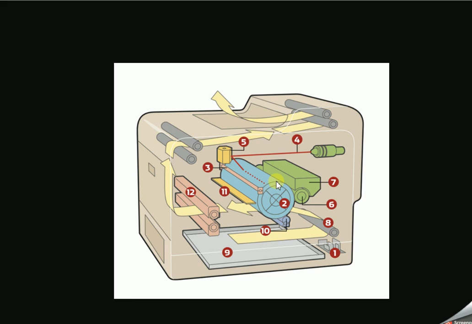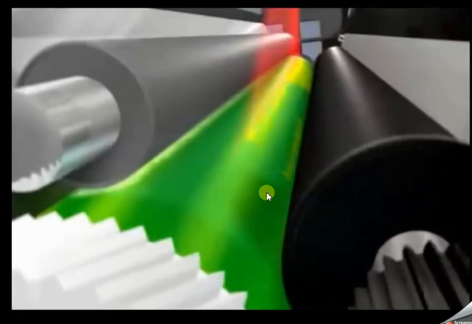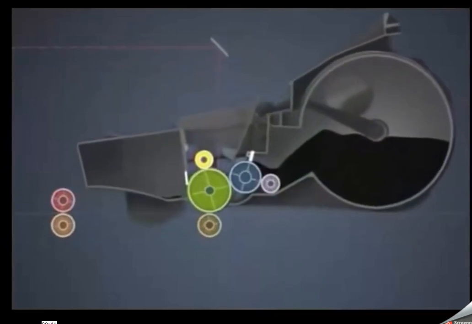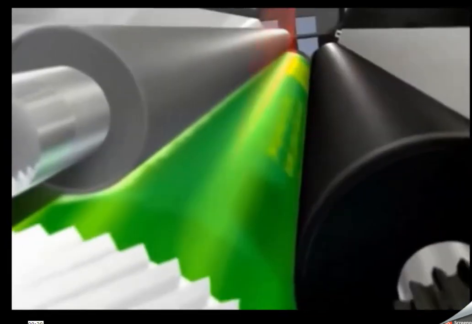The laser switches on and off rapidly. It hits the rotating mirror, which then scans the drum horizontally in precise lines, like so. So this laser is hitting the drum.